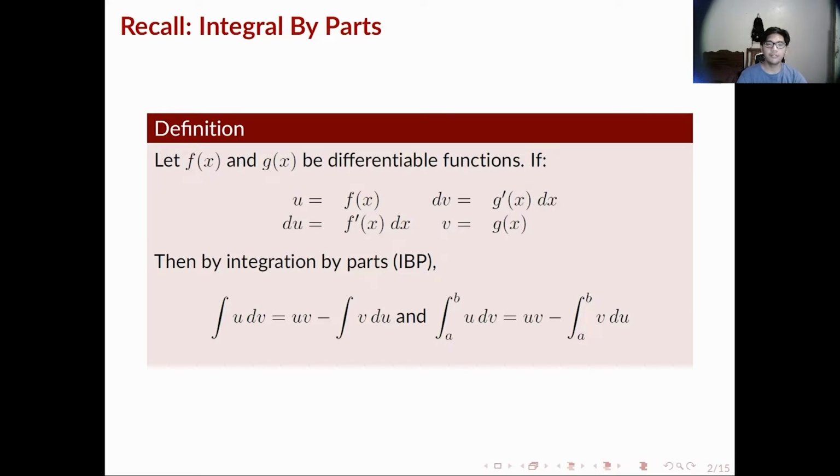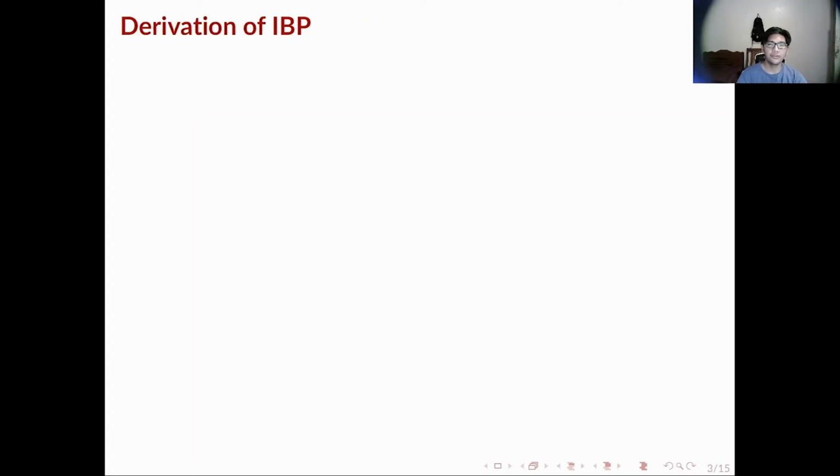The integral of u dv is equal to uv minus the integral of v du, and the integral from a to b of u dv is equal to uv minus the integral from a to b of v du. So how do we derive this formula?